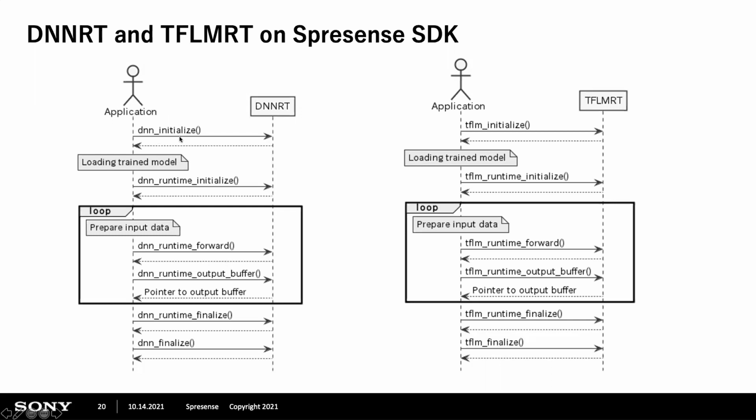You have your application, then you do initialization, and then you go through this loop, for example, for forward, runtime output buffer, and all of this. And we have provided this library, TFLM runtime, which means we put a wrapper around the TensorFlow libraries to make it easy for developers to develop with Spresense. This is something that Camille has done. This is what is happening in the background.